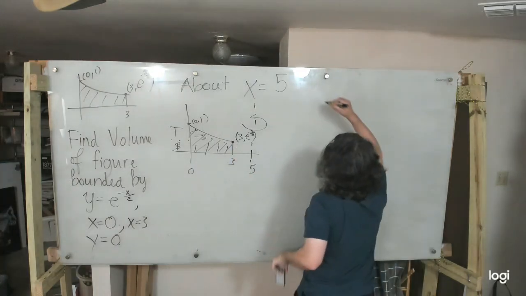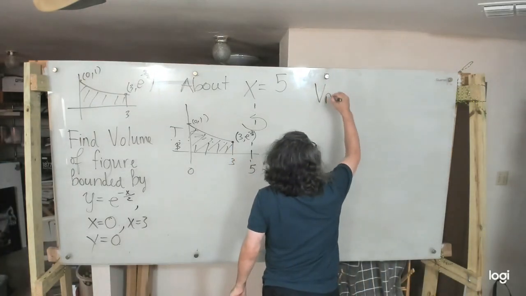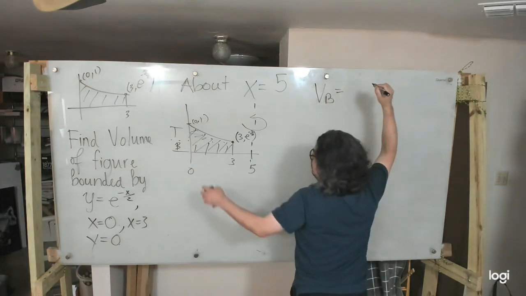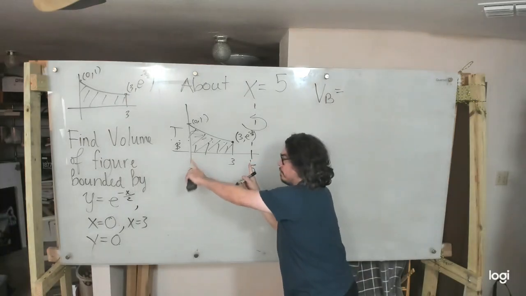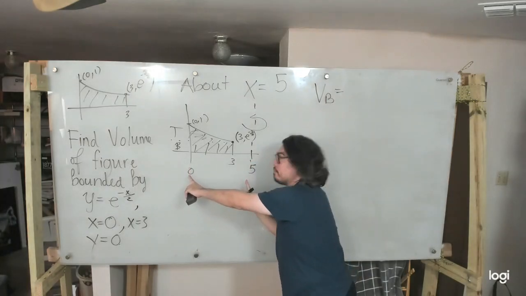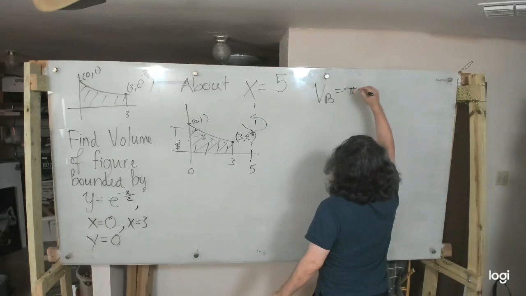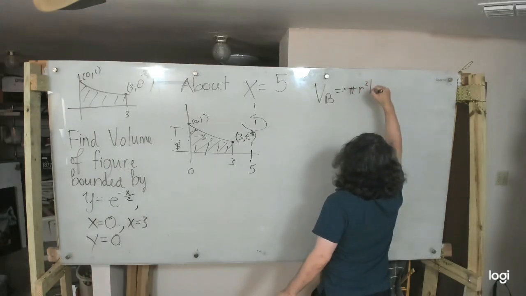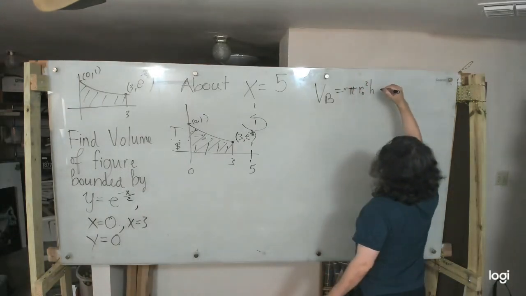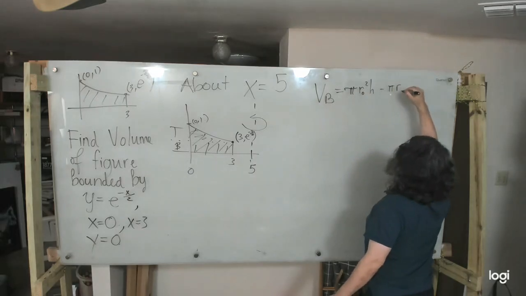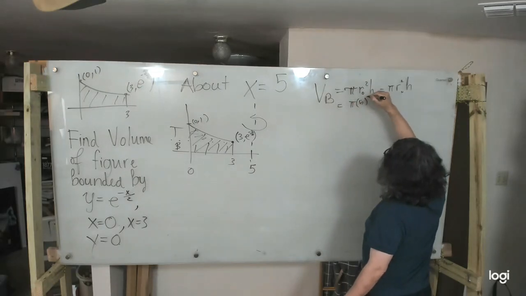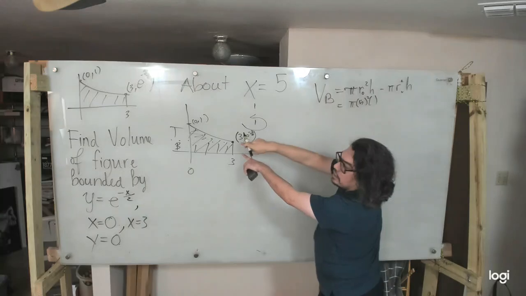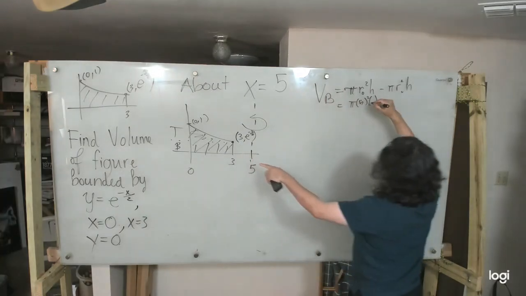So the bottom, we'll just do that real quick. The volume of the bottom is going to be, notice how from the axis of rotation to the outer, from 0 to 5, the radius is 5. So it's going to be pi r outer squared h minus pi r inner squared h. As we just mentioned, the r outer is 5, and the height is e to the negative 3 halves.